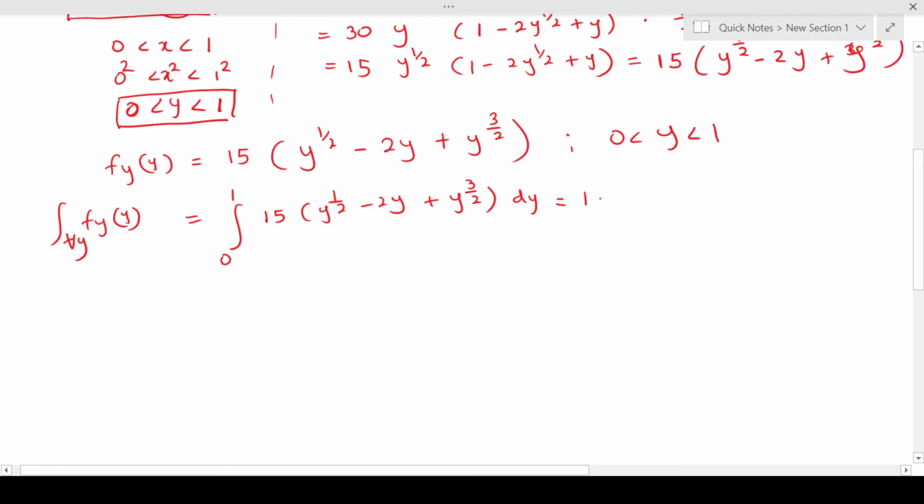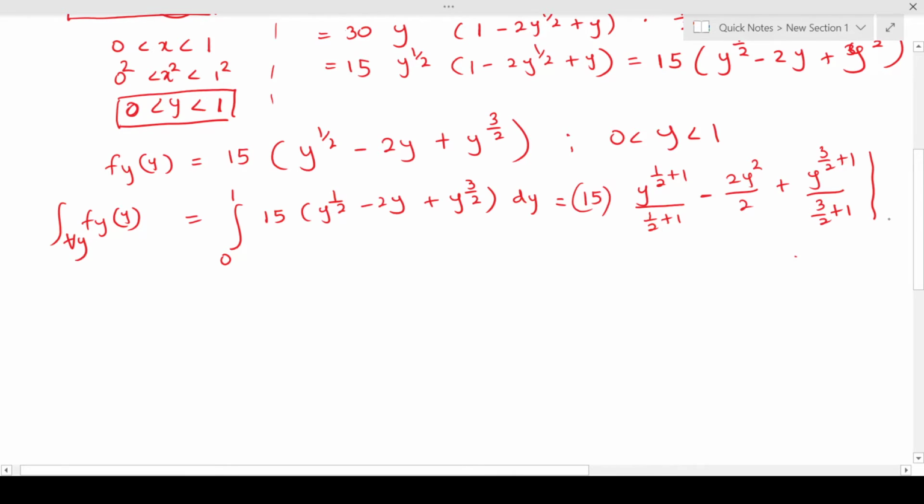So I can take 15 out, and when you integrate, this becomes y to the power half plus 1 over half plus 1, minus 2 y squared over 2, plus y to the power 3 over 2 plus 1 over 3 over 2 plus 1, and you are going to integrate this between 0 and 1.